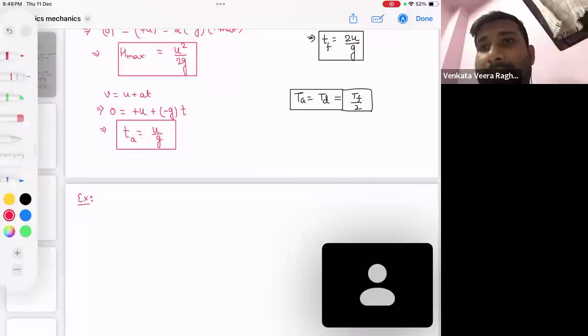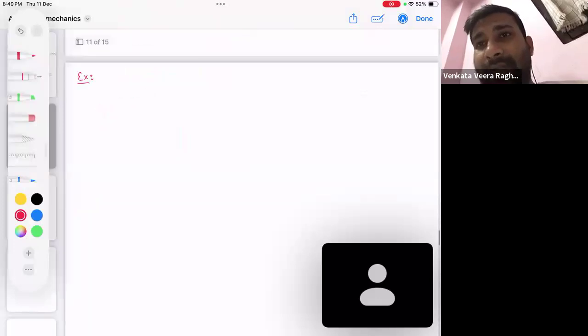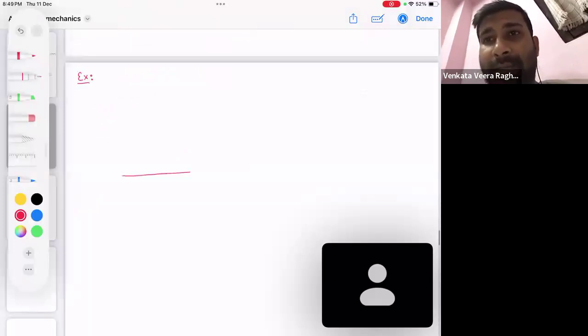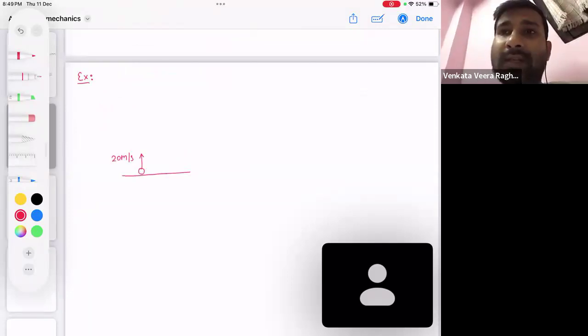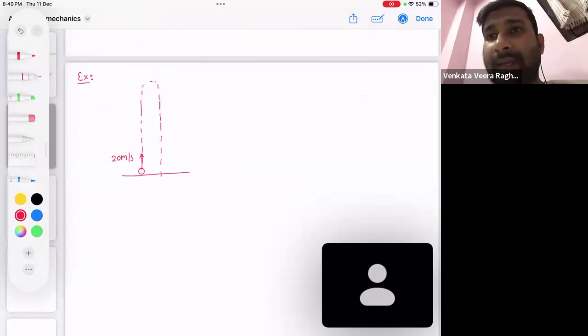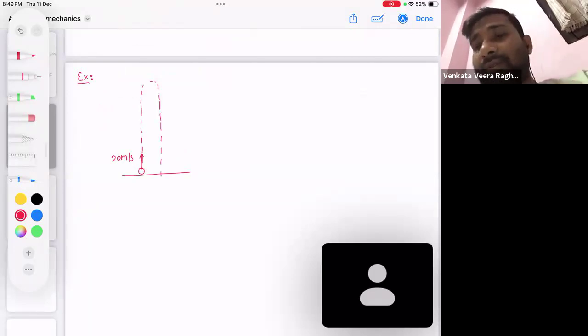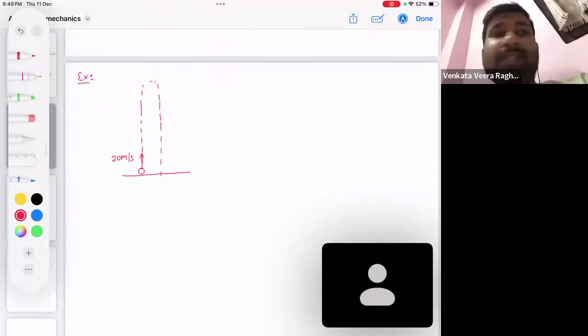Okay. So let's say in this question, what is given to us? A particle is started with 20 meter per second. So it will reach some maximum height and then again it will come back. So you have to find out two things here. First, tell me what is the maximum height?